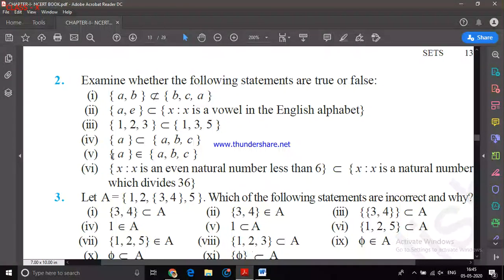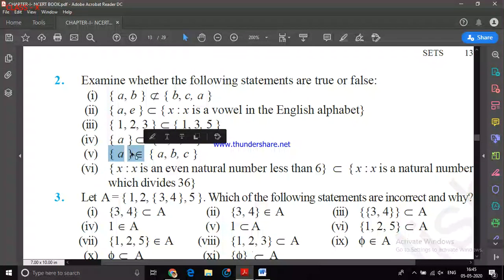Second one in 5. This is set A belongs to ABC. So here I cannot say belongs to, because a subset never belongs to another set unless it is a power set. I'll come to the power set later on. Here A is a set. I cannot use the word belongs to, because A is written in curly brackets.